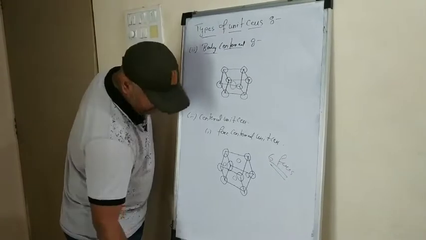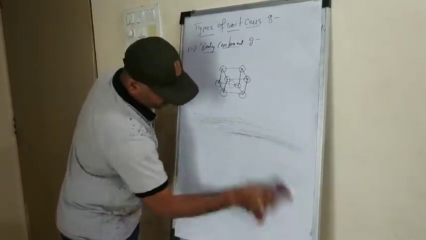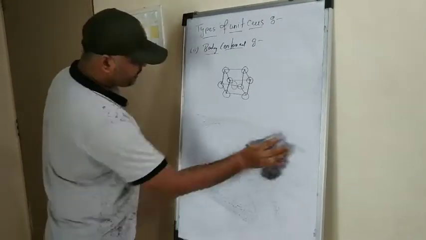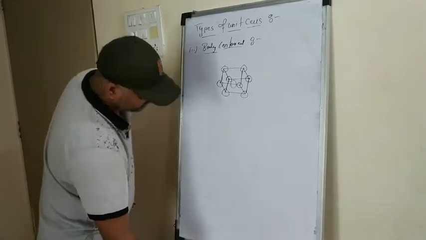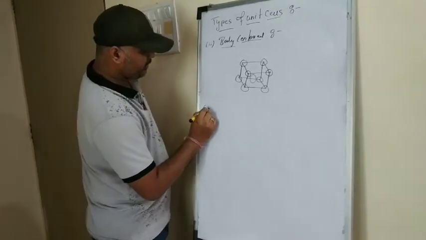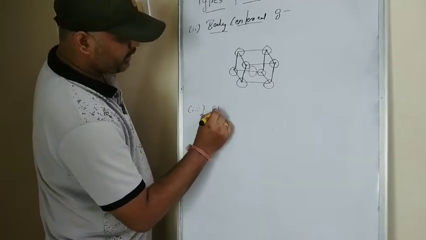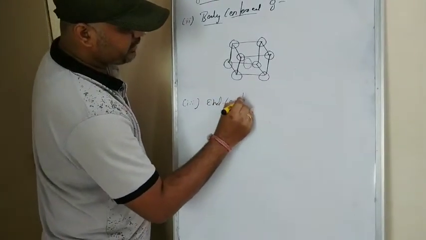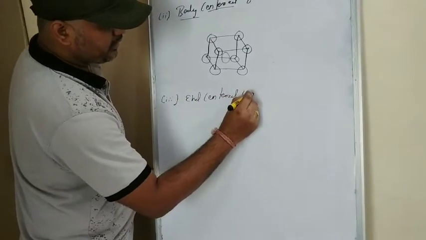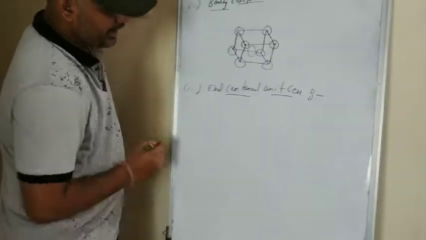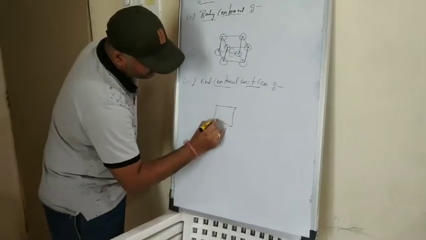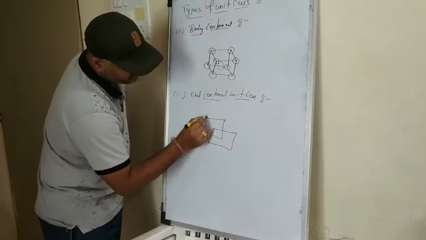Then next we have the end centered unit cell. Third one, end-centered unit cell. Right? So in the end-centered unit cell, we will draw this once again.